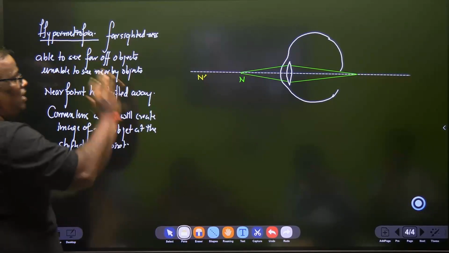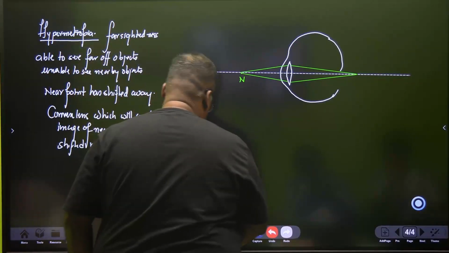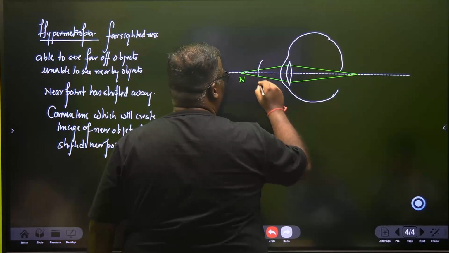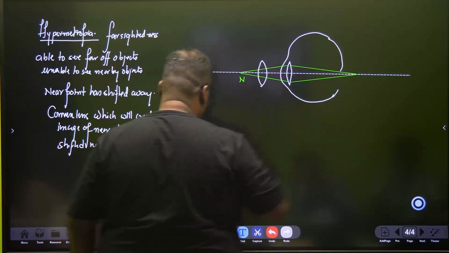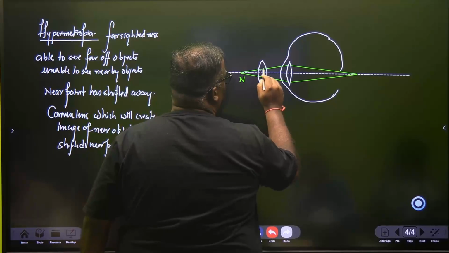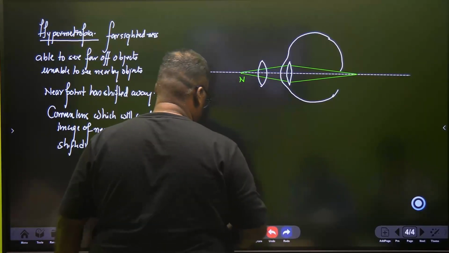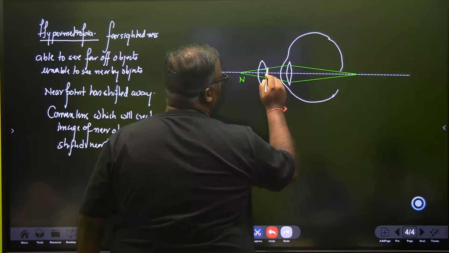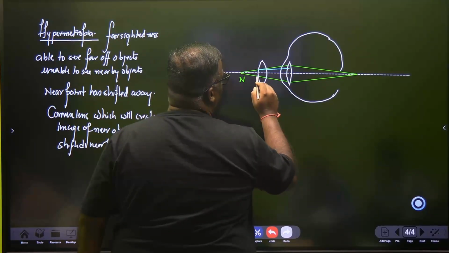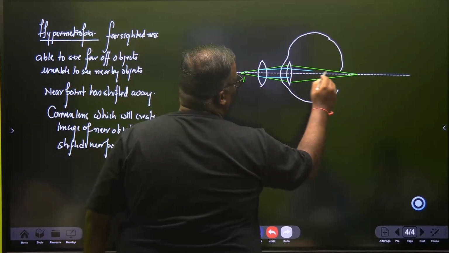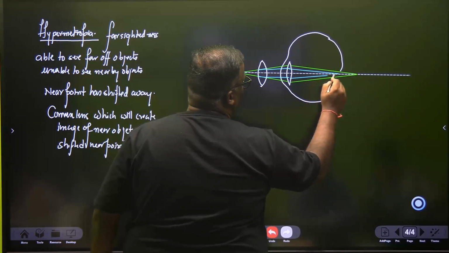This is high level, you are understanding it. So let's put our convex lens. So we will put a convex lens here. Extra convergence, right? So after extra convergence, what happens? These rays now get converged slightly, and finally the image is formed here.